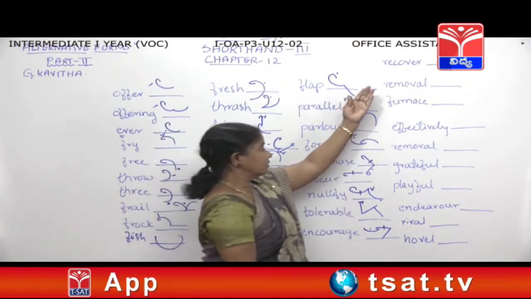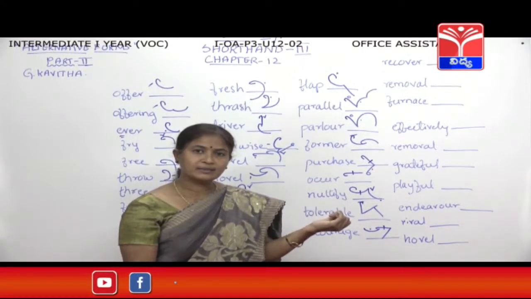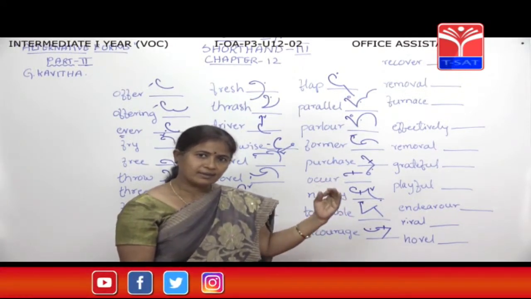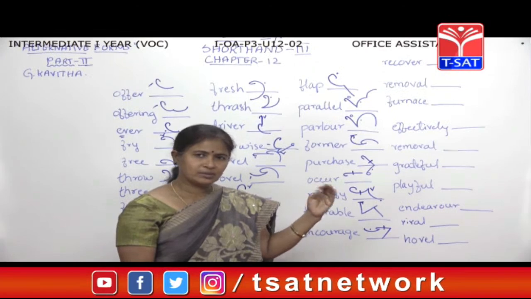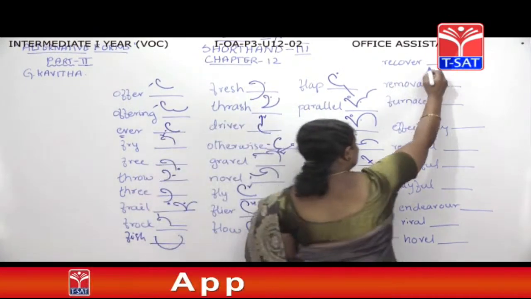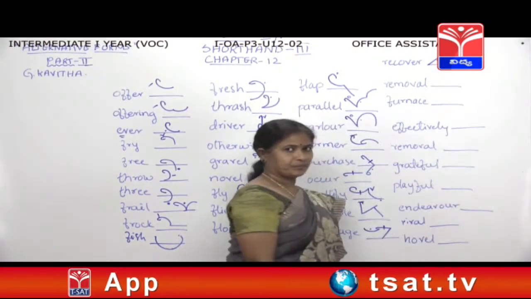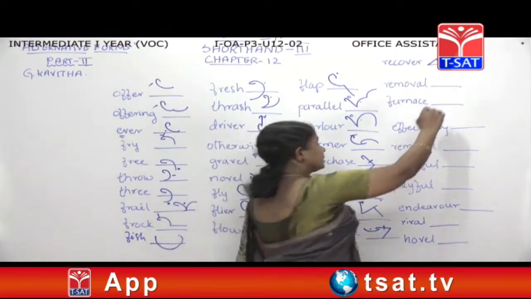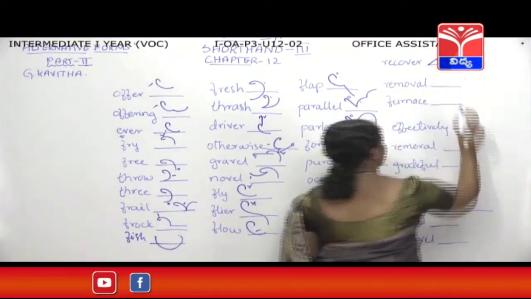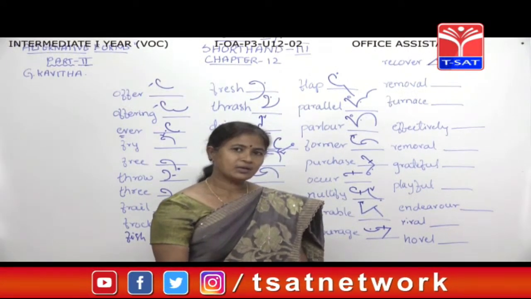Okay. Now, next, recover. Recover. How many strokes we hear? Ray. Why do we write upward R? Because initial R followed by vowel. So, this is ray. Now, K. We add K to it. Ray, ka. Then, ver. Which R do we write?